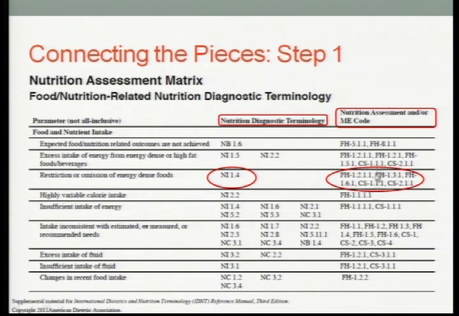You can look at this column and say, well, what diagnosis would that be appropriate for my patient? And this would be the code for the nutrition diagnostic terminology. And the book that they have very nicely connects this, but you can see that this is in restriction or omission of energy-dense foods. So perhaps your patient is having weight loss or poor intake of caloric foods.